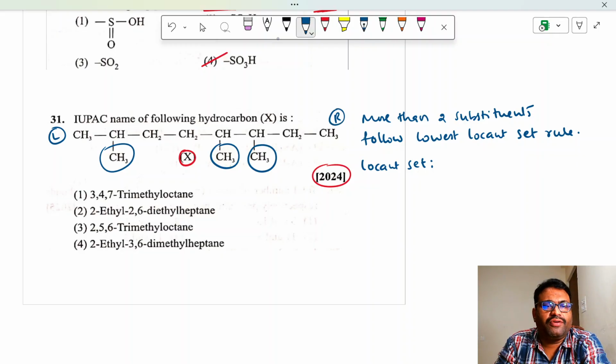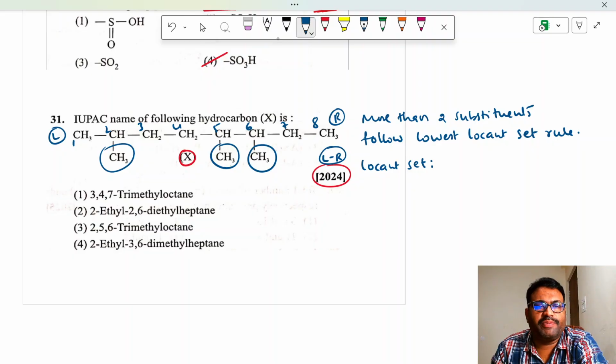What are you writing from? Left to right: 1, 2, 3, 4, 5, 6, 7, 8. This is the parent chain. In this parent chain, where do you find these substituents? At the second position, at the fifth position, and at the sixth position.